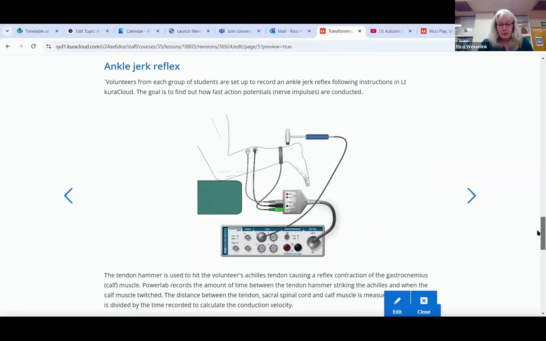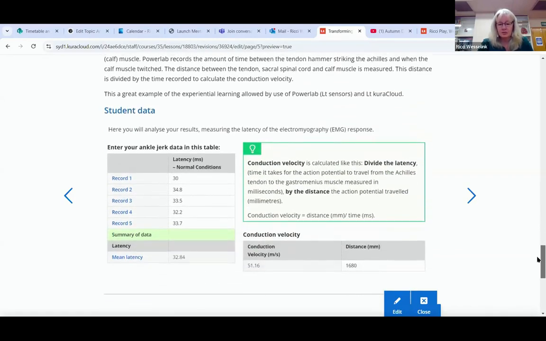Using Power Lab, we will do recordings like the ankle jerk reflex. This is where you're using the tendon hammer to tap on the person's Achilles, and then these electrodes here are recording contraction of the muscle. So that way we get a difference in time between when the hammer hit and when the muscle contracted, and then we can measure the distance from the ankle up to the sacrum and then back down to the muscle, and we get a distance, and that allows them to calculate conduction velocity.